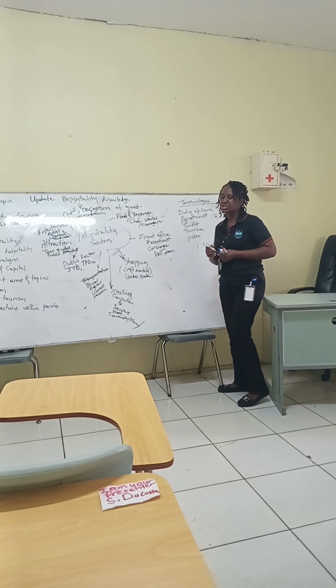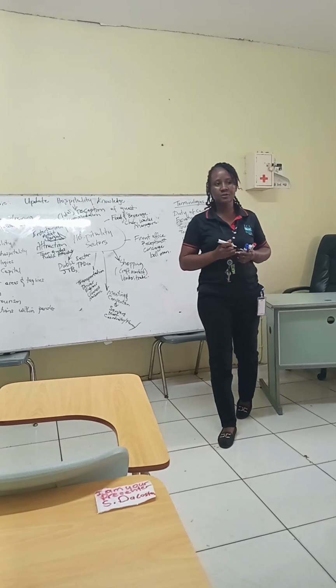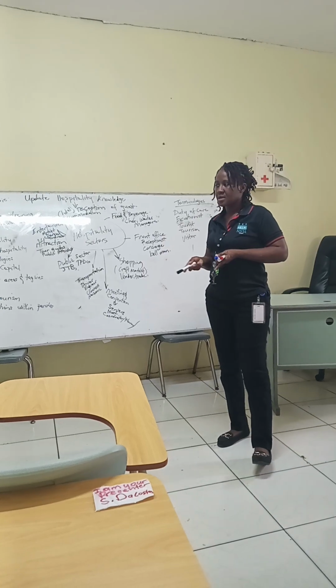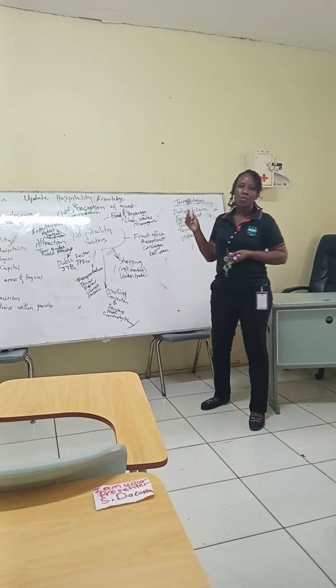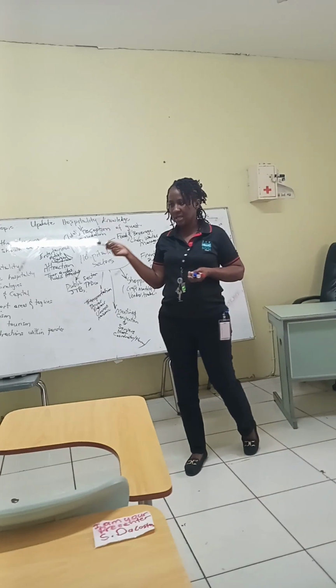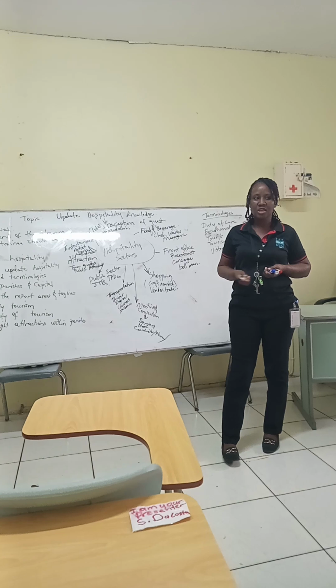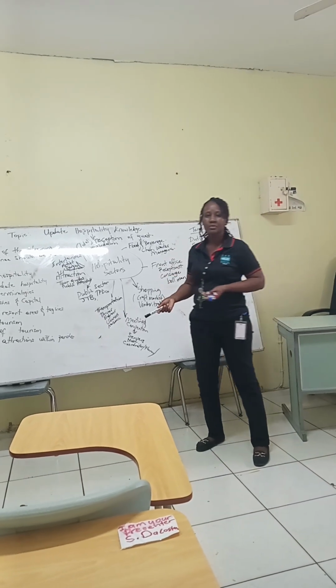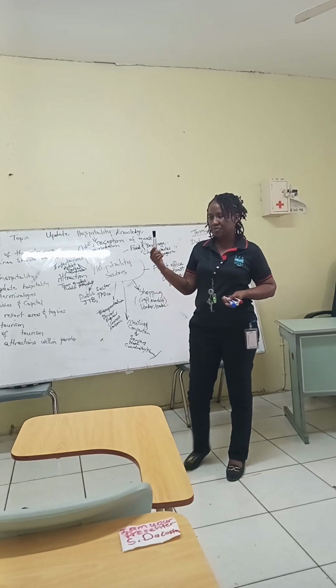So the excursionist is someone that travels from their usual place of residence for less than 1 day, so less than 24 hours. They return home and sleep at home. So this is you leaving Kingston, going on a field trip to Montego Bay or Ocho Rios.